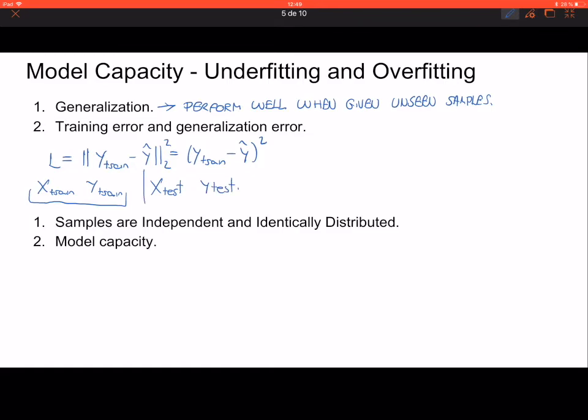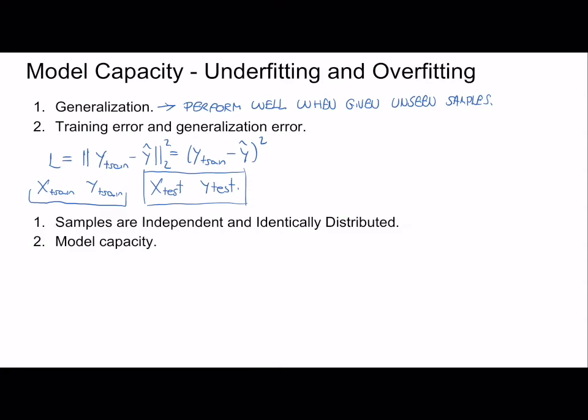They are only used for testing, and they are useful because they allow us to evaluate the performance of our model and perhaps compare it to another model. So we could use a test set on two different neural networks with different architectures, and compare the performance of these models.